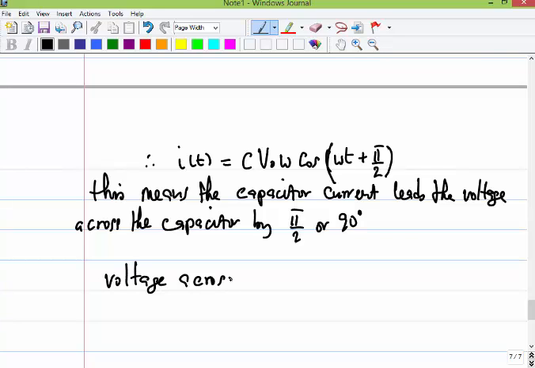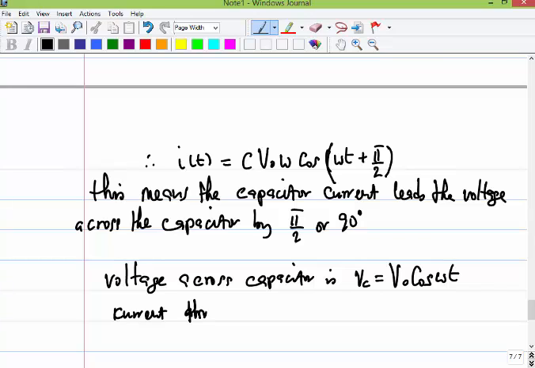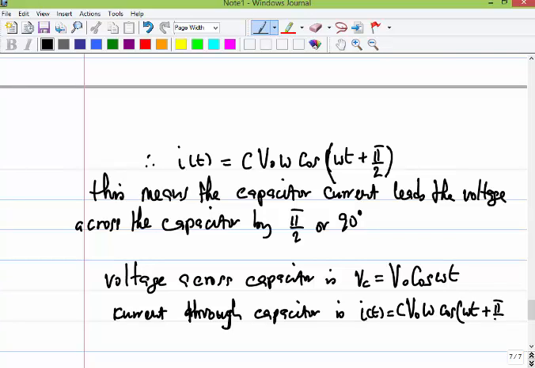Voltage across the capacitor is V capacitor, which is equal to V naught cosine omega t, and current through the capacitor is I of t, which is equal to C V naught omega cosine of omega t plus pi over 2.